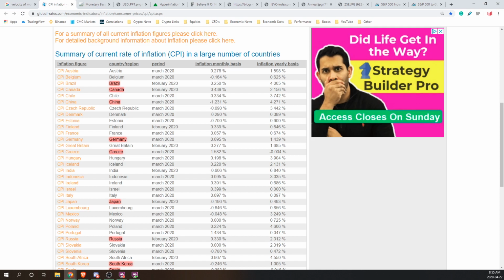So there's a lot going on. Oil in itself is like the biggest story, and that's just one part of this whole catastrophe. Look at COVID, look at the money printing, there's so many things happening.